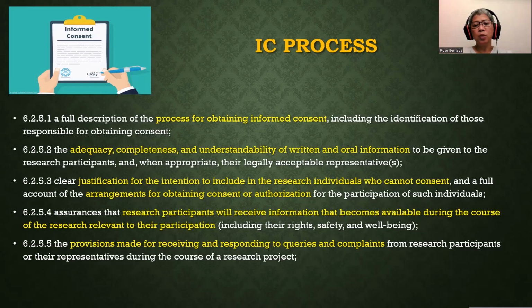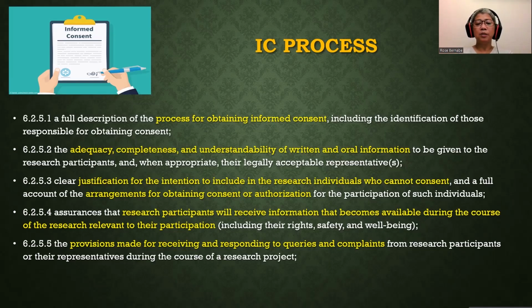Will there be different people gathering informed consent? For example, is there a need for female researchers to gather the informed consent of female research participants, and male researchers to gather informed consent of male participants, so on and so forth, because in some instances that might be required.